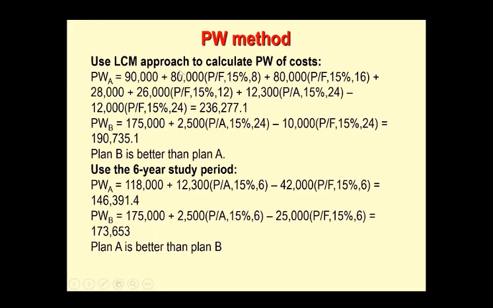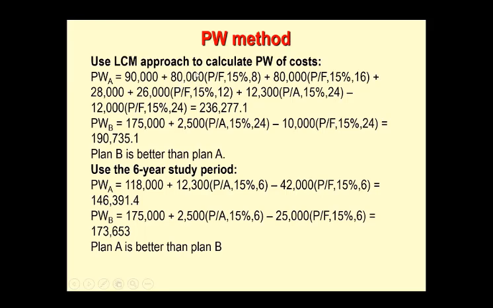And now, 80,000. Why is it 80,000? Initial cost minus salvage value. At period 8, we invest 90,000 for the second cycle, but we receive 10,000 as the salvage value.